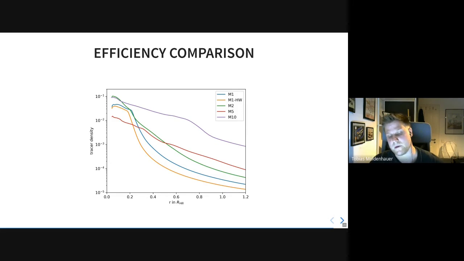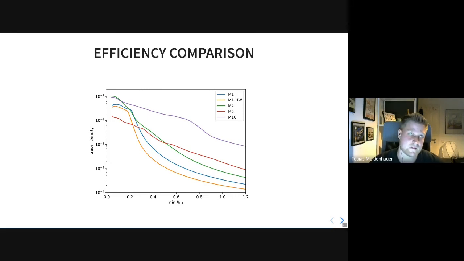But if we increase to 10 Earth masses from 5 Earth masses, then we see the same trend again as from 1 to 2 Earth masses. So from the red line to the purple line, recycling becomes again less efficient. To summarize this graph, headwind has little effect, so we can ignore headwind for recycling.